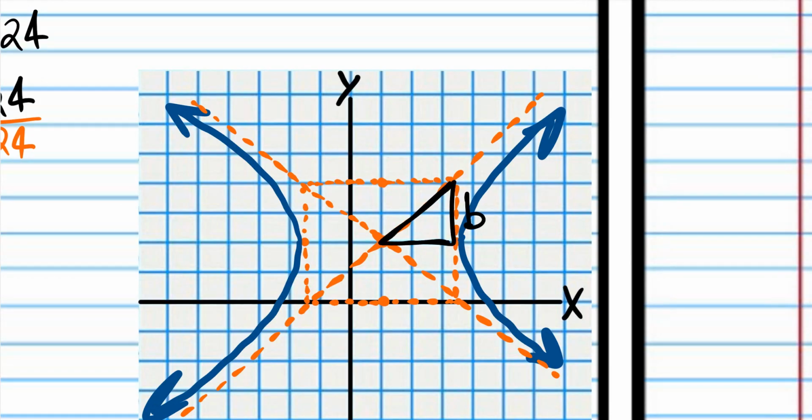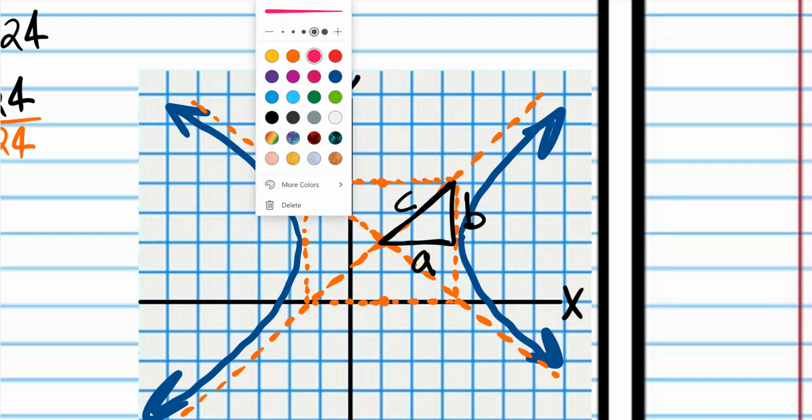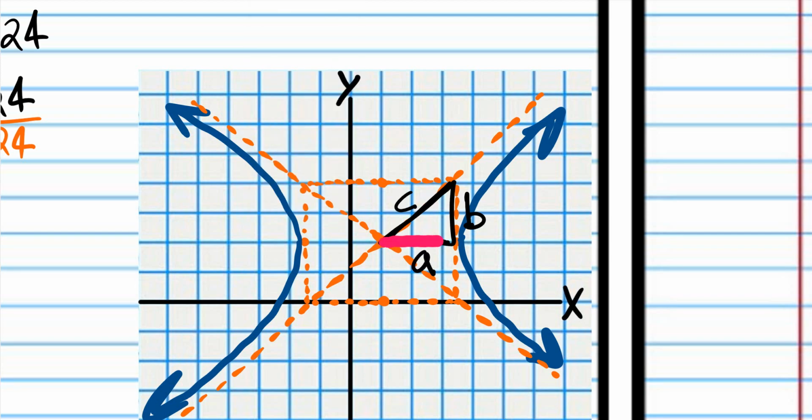This length is B and this length is A, and C just happens to be the length we're looking for. If we rotate that side down, so C is going out this way, that's going to tell us where our focus is. Again, C is the hypotenuse of the triangle, but it's actually the distance. If I get a different color pen here, it's the distance from the center to the actual focus out here.